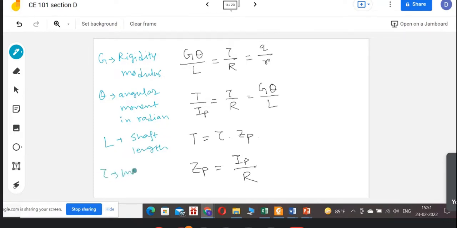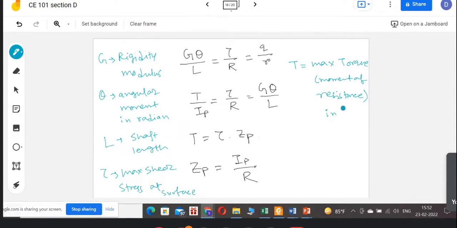Tau is the maximum shear stress at the surface. Similarly q is the shear stress at small r, and T is the maximum torque, that is also the moment of resistance, in the same unit as a moment.